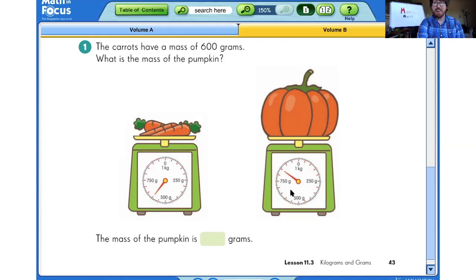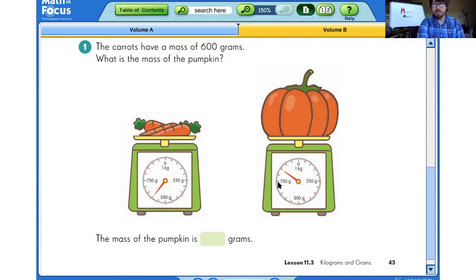Let's see if we got it right. So we know it's definitely more than the carrots, which were at 600 right here. So we can either count up from 600 and go 650, 700, 750, or if you'd like to, you can just start right here. We know it's more than 750, and we're skip counting by 50s, which is the same thing as skip counting by 5s, just adding that little 0 there.